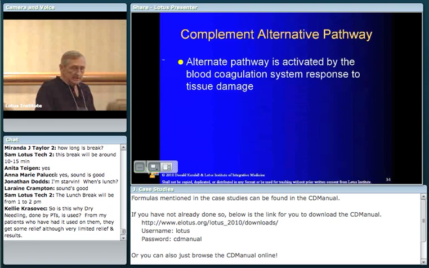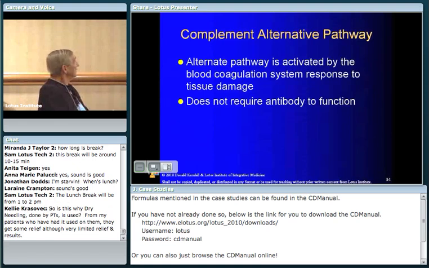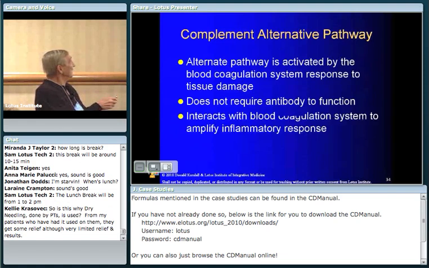So here's the diagram. Here you have an antigen attacking a cell or something, and an antibody complex, and then C1 comes in to make this work. In other words, without the C1, that doesn't work. So that's why people called it a complement. It was complementing the immune response.